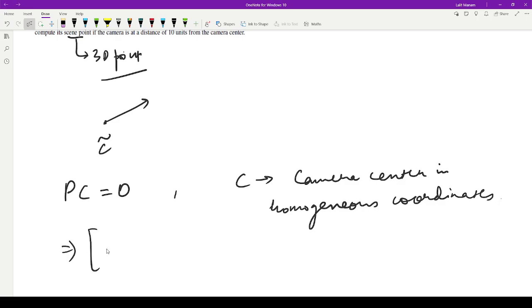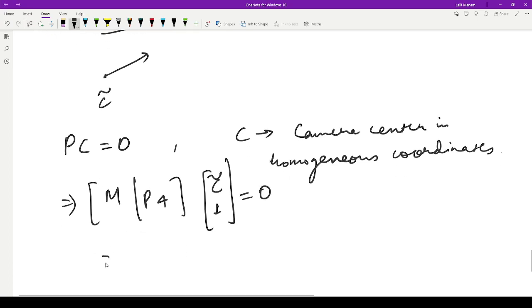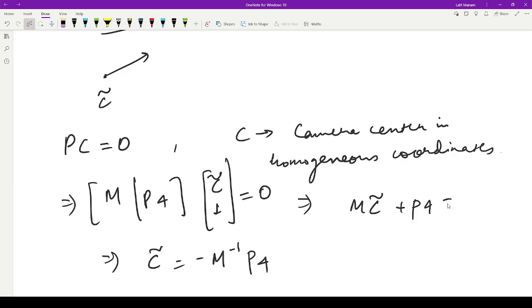If we break down this camera matrix as M and P4, and C is C tilde, 1, we get C tilde is minus M inverse P4. I'll write the step here: M C tilde plus P4 equals 0, which leads us to this equation. So given the camera matrix, we can always compute the camera center. So this is known now.